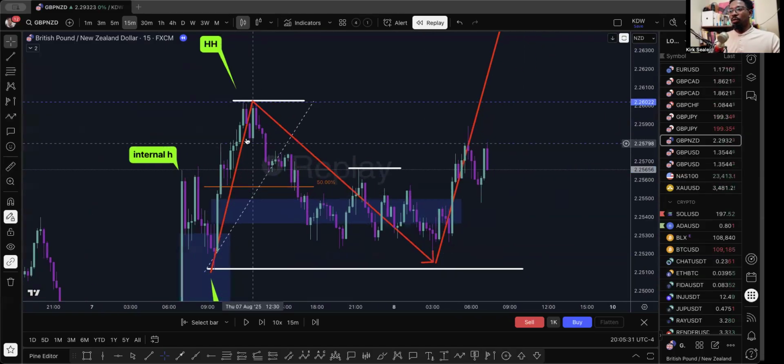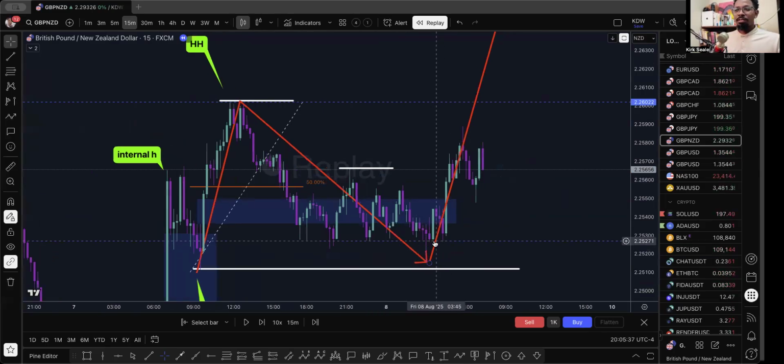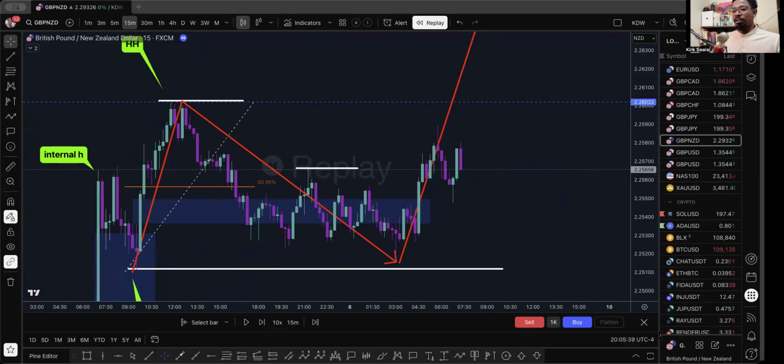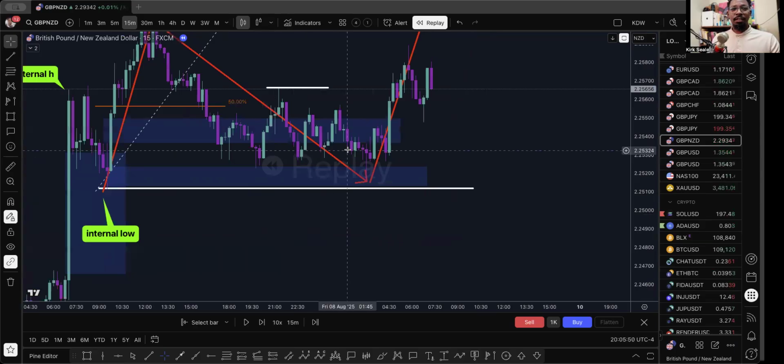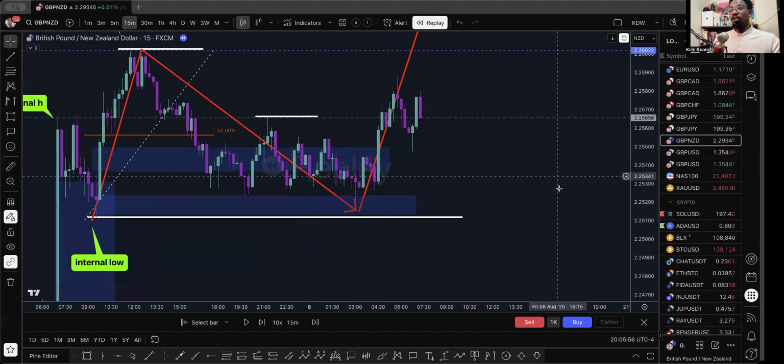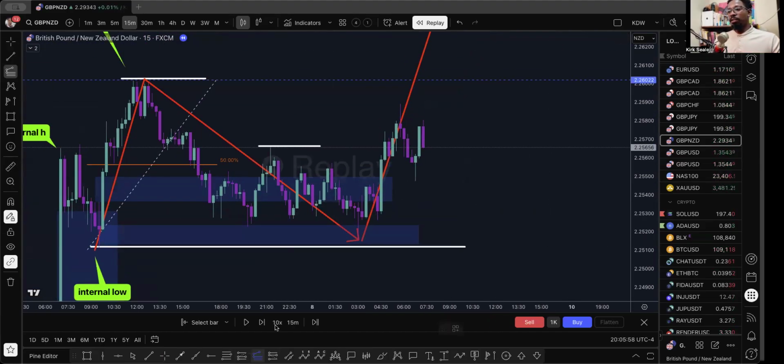All right. Not only did we get a 50% discount, but this is almost like 90% off. So if we were to even buy this somewhere down here, the entry on this would have been amazing because we'd have got a 90% discount on price, which meant that our profit could have been really, really good.